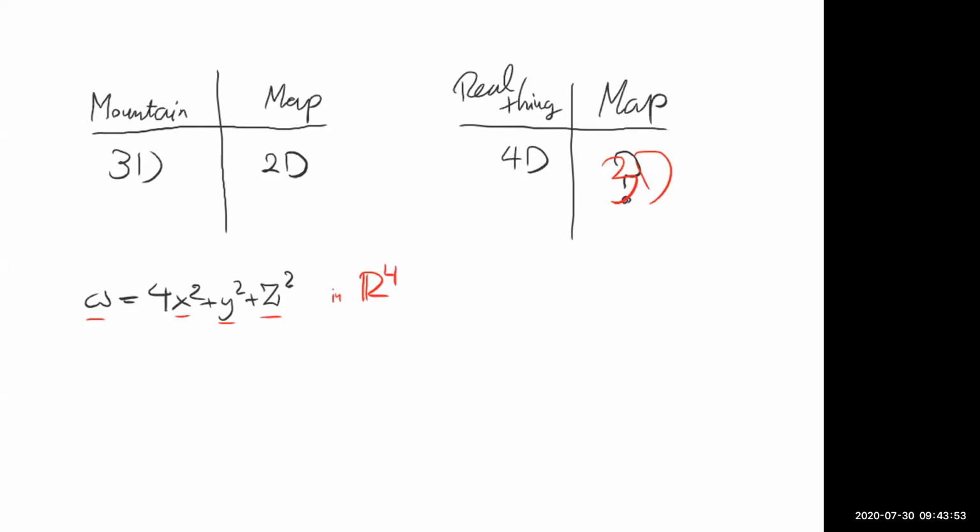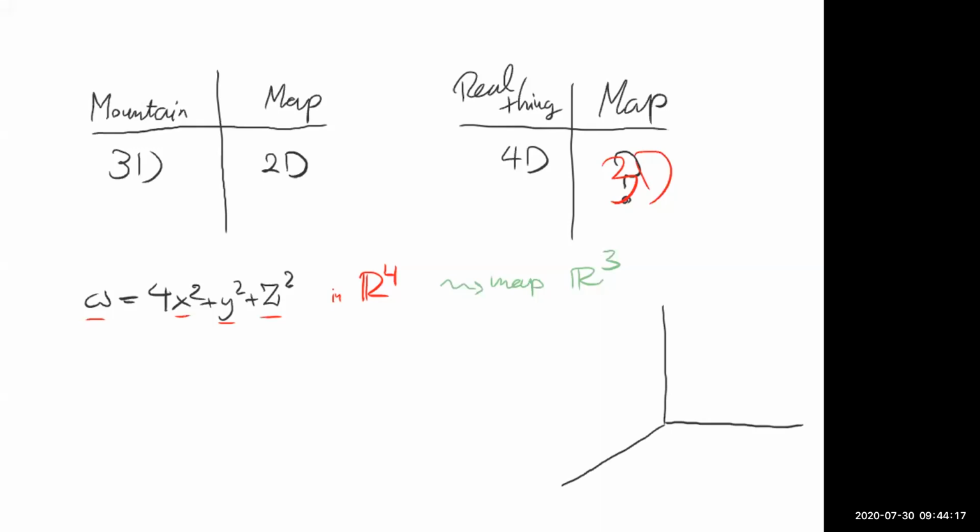The map we would have for this function would be something in R3. Okay. How can we see that? So look at the three-dimensional space. This is our three-dimensional space, right?